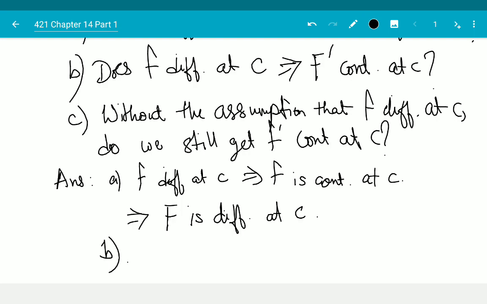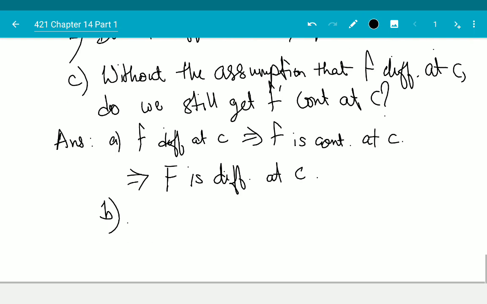What was I doing? Does f differentiable at c imply F prime continuous at c? Well, F prime is equal to small f, which is differentiable, and so it should be continuous, right?